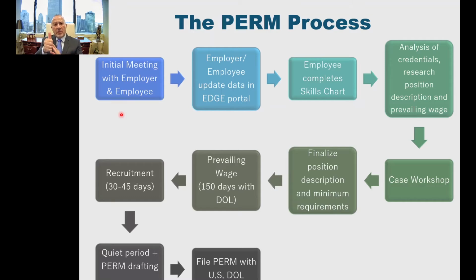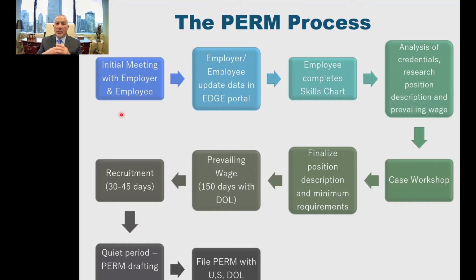The job of the lawyer is to take all of that information and optimize, and I use the word optimize because that's what we do. We don't want to go overboard with the requirements because that will cause the case to be flagged. At the same time, going overboard with the requirements in an effort to eliminate U.S. workers will raise the wage beyond what the employer may be willing to pay.